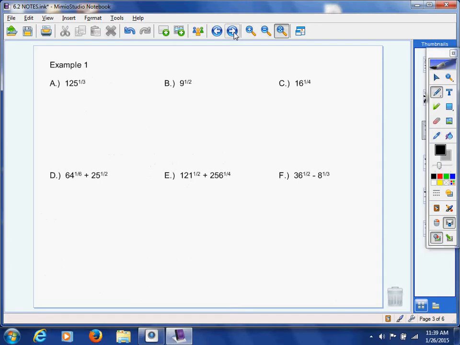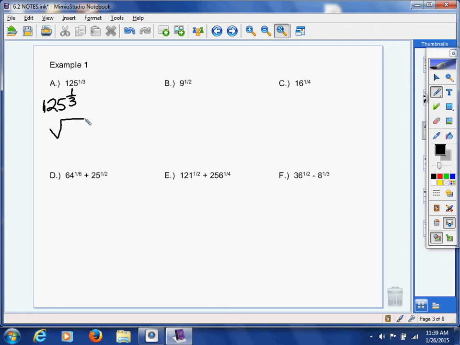Now that we understand a little bit more about what this means, they've given you the base 125 and they said raise it to the 1/3 power. Now let me just take you on an aside really quick. Really, 125 raised to the 1/3 power. Remember what I told you?